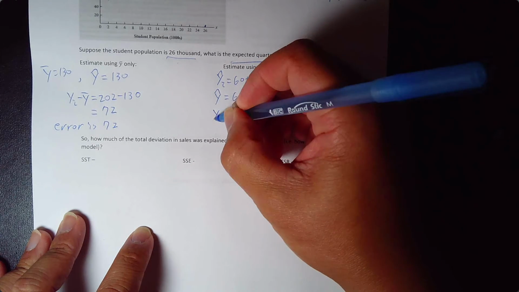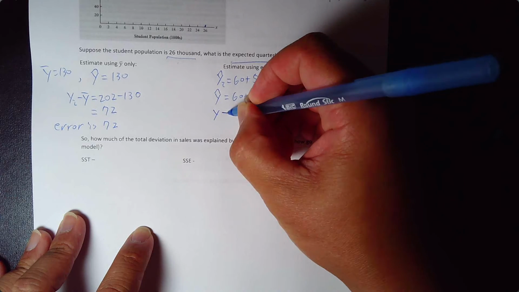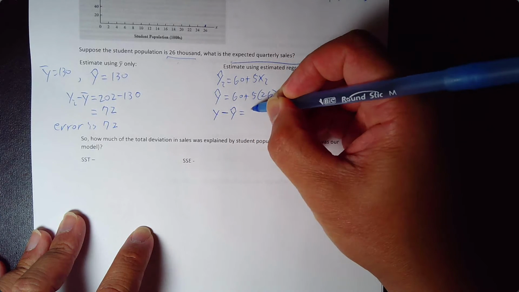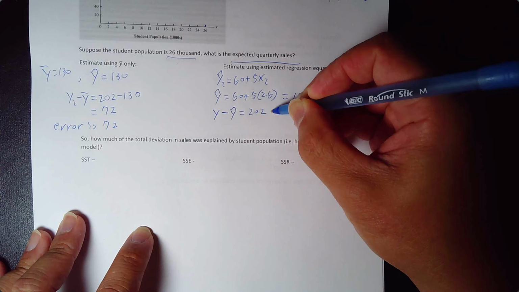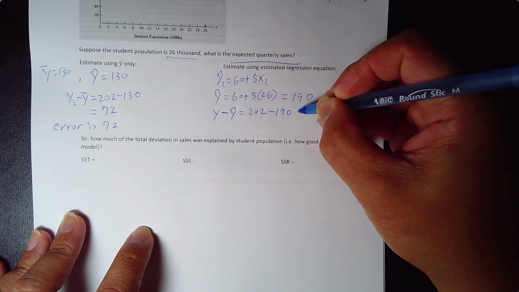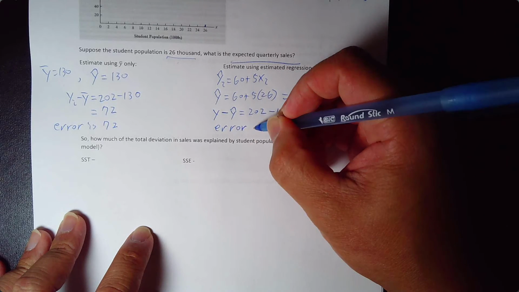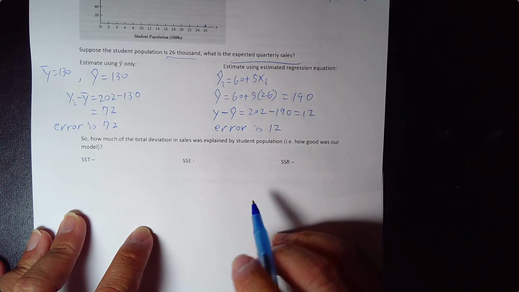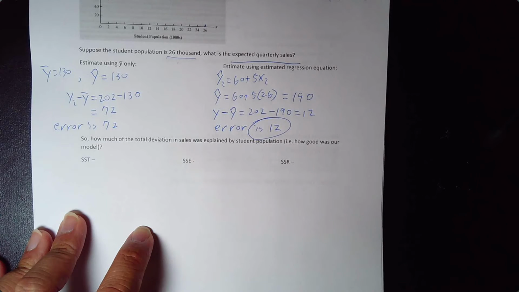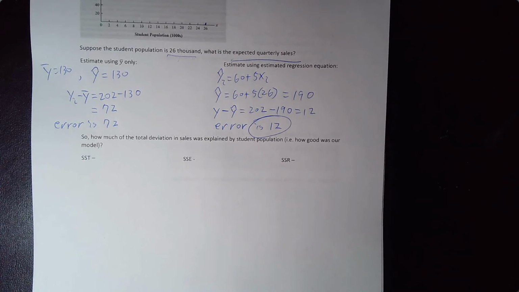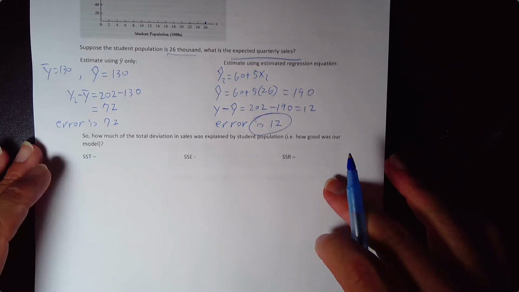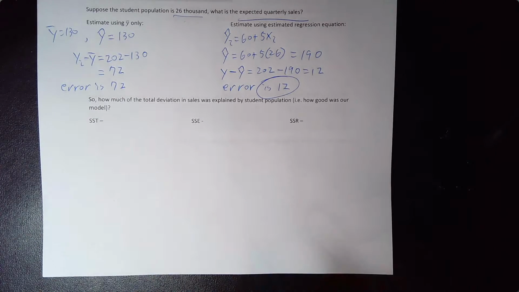Well, my y minus y hat equals 202, that's my observed, minus 190. That equals 12. So now my prediction error is 12. So I'm doing much better than what I did before. So how much total deviation of sales was explained?